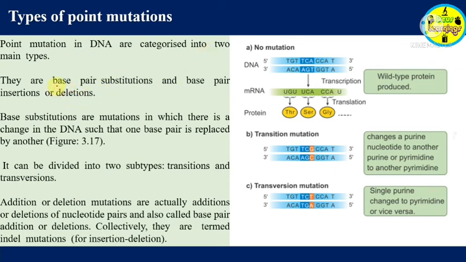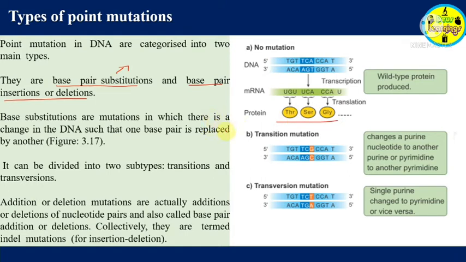Okay, so types of point mutation, here you can see that they categorize in two. One is base pair substitution and the other is base pair insertion or deletion. Substitution, we already saw, it may be purine to purine or pyrimidine to pyrimidine. Insertion or deletion may change the total number of nucleotides in a sequence, right? So here you can see it's a wild type, and they are producing an amino acid.